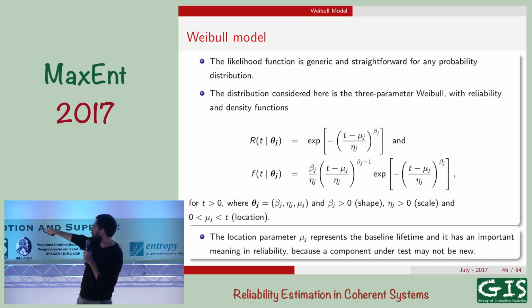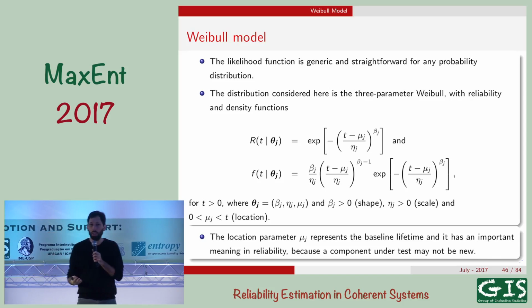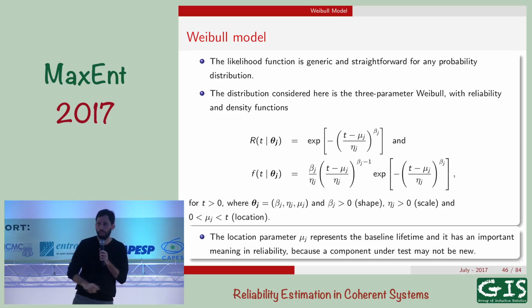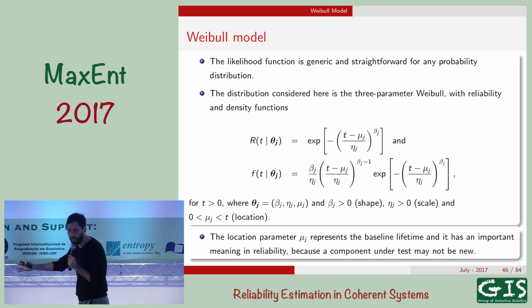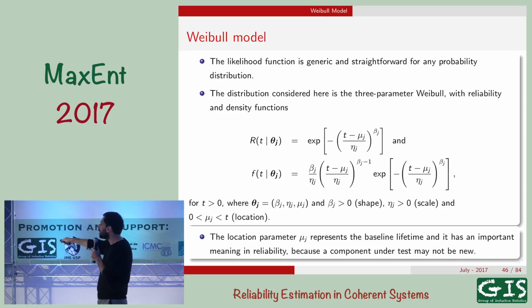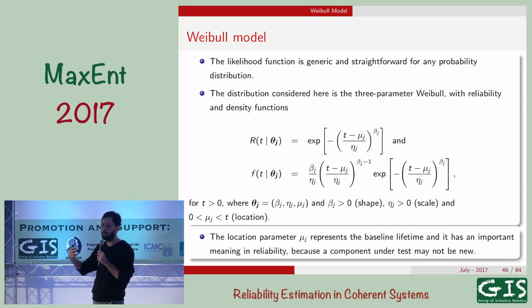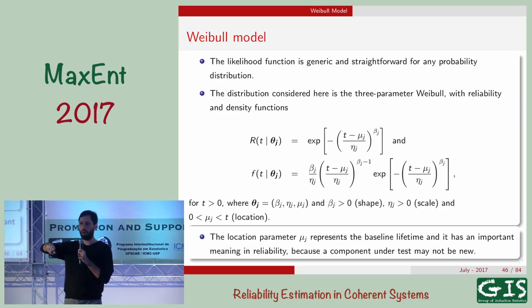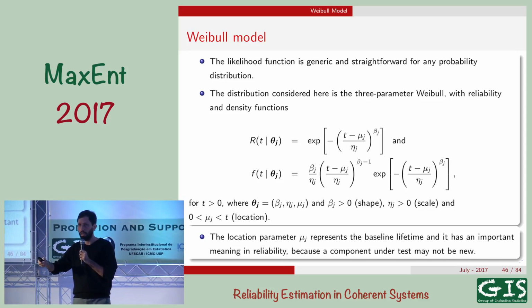We can write the density function in a really simple form. This will be good when we work on the likelihood function, because we have a closed form for the reliability function. We don't need, for example, if you are using a gamma model, that constant, the gamma function.